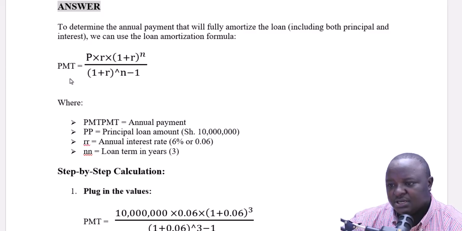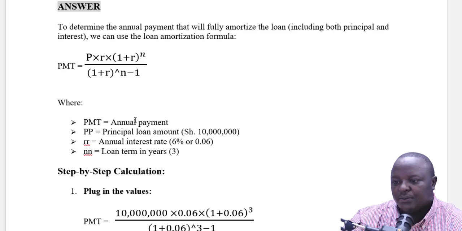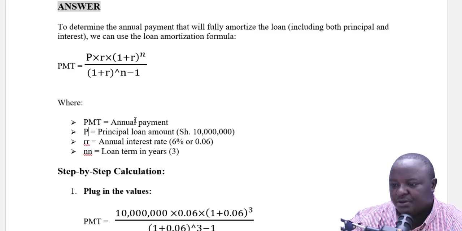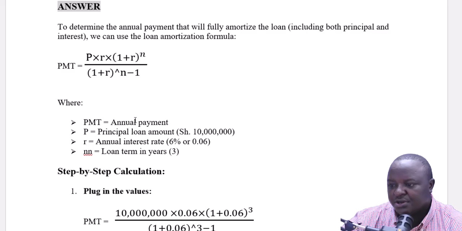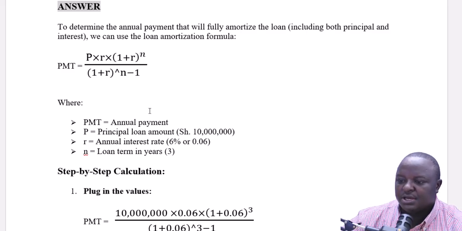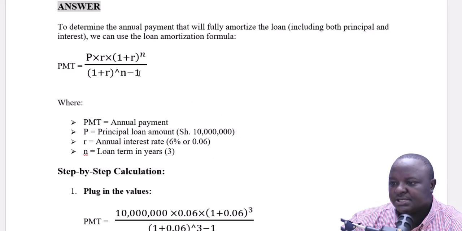This is the formula we are going to use, where PMT equals the annual payment, P represents the principal, R is the annual interest rate, and of course N is the loan term in years.